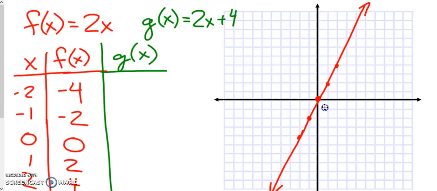Plug in -2, what do you get? To g? Seriously? What's 2 times? Yes! And the next one?